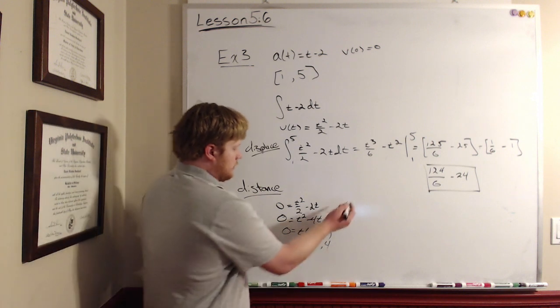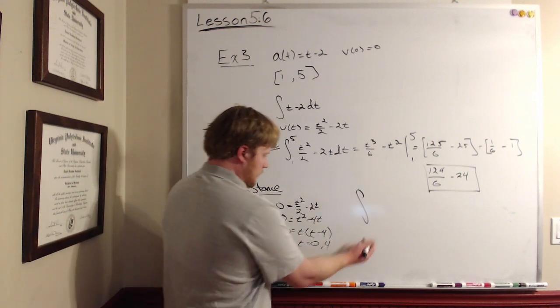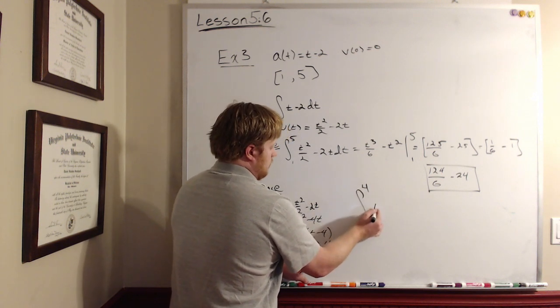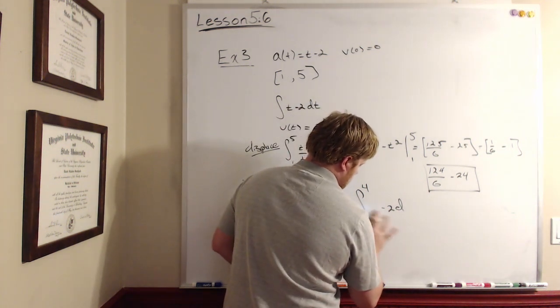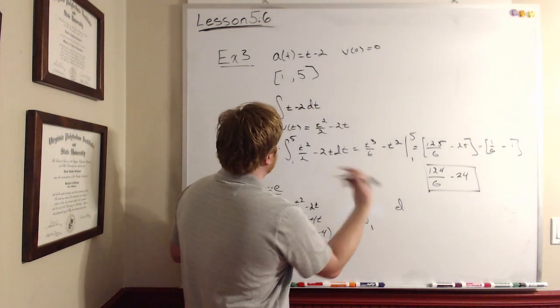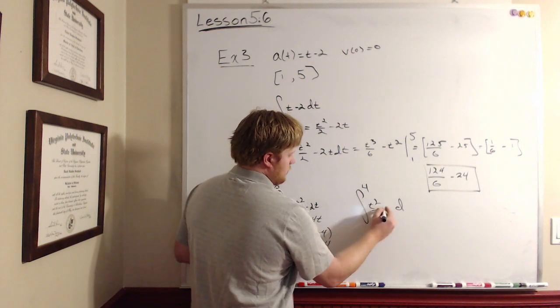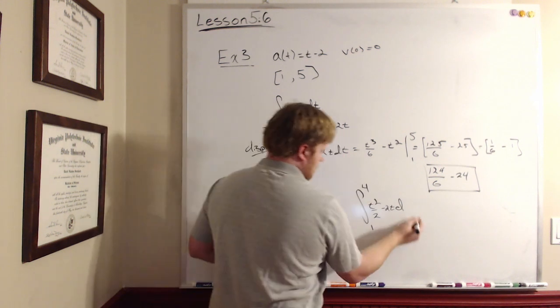Okay, so let's do this. Let's calculate the integral from 1 to 4 of velocity, t squared over 2 minus 2t dt.